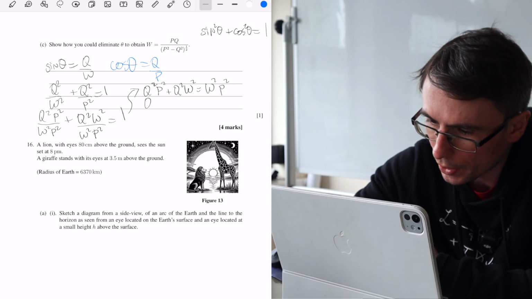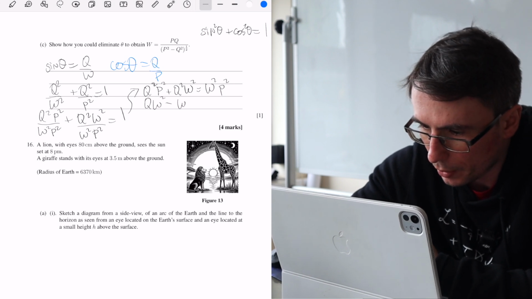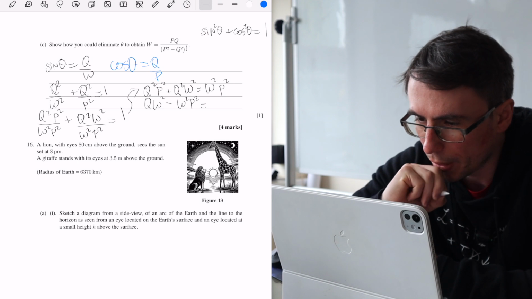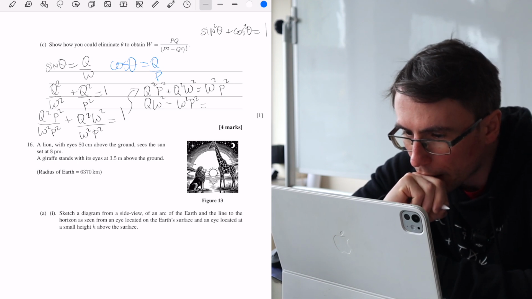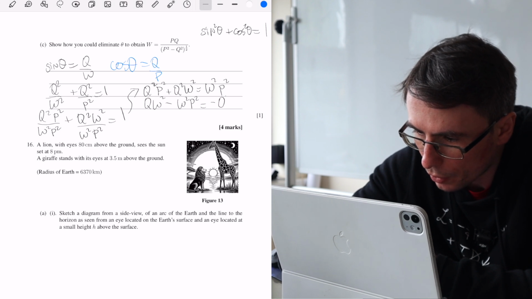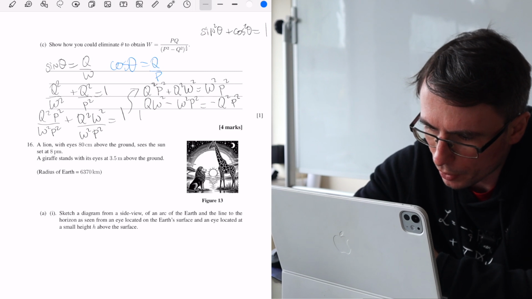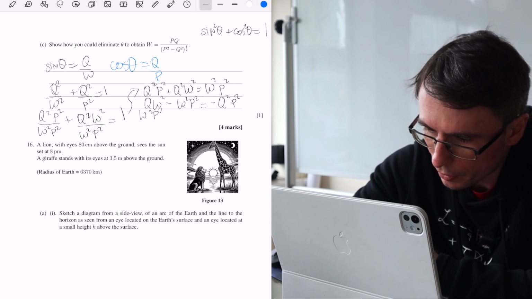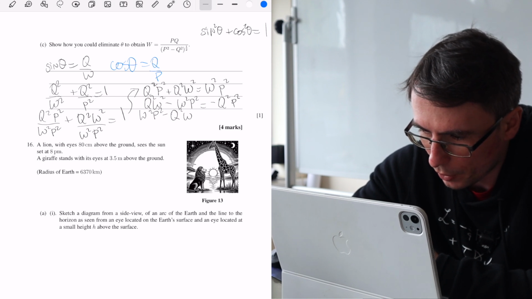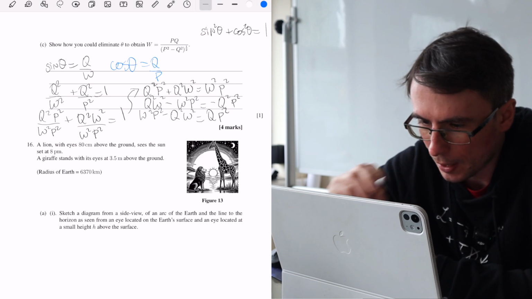So we're going to go Q squared W squared take away W squared P squared is equal to minus Q squared P squared. Let's flip these around. So W squared P squared take away Q squared W squared is equal to Q squared P squared.